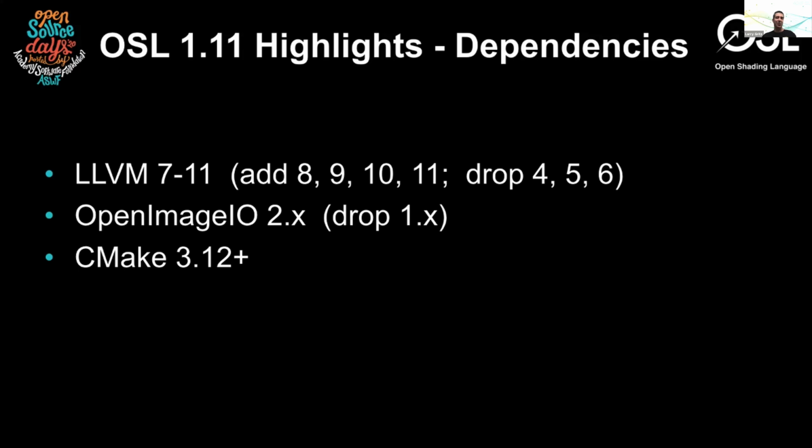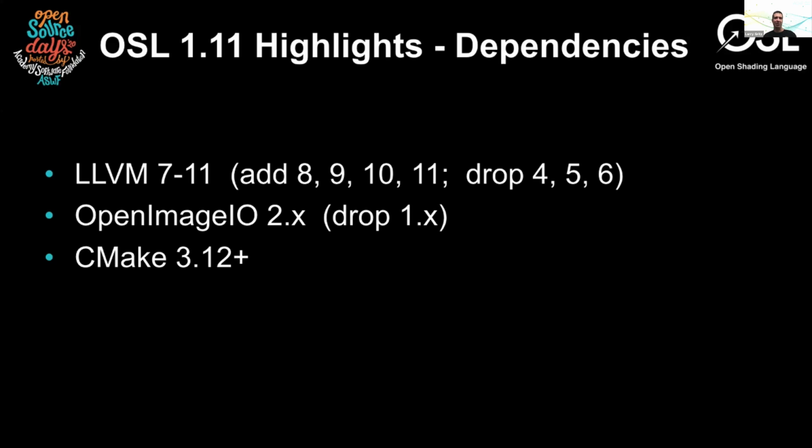And primarily that's because they are lacking some support for features that we are needing for some of our forward-moving work. Also, OpenImageIO is a major dependency, and I hope this isn't too controversial, but we've dropped the old 1.x support.